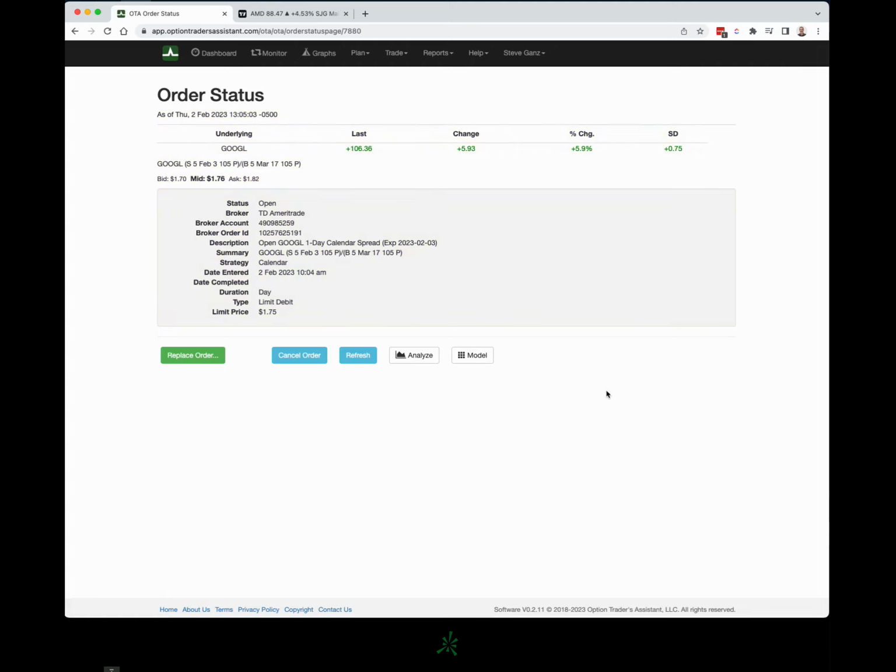In TOS, if I roll a leg or something like that, TOS just shows me a new P&L diagram. That P&L diagram does not include any debit or credit that I might have received on any adjustment trades. So it's really important to have some sort of program that will keep all of that tracked for you.